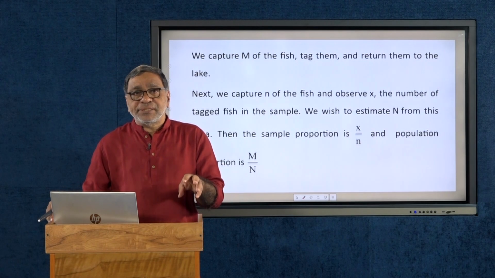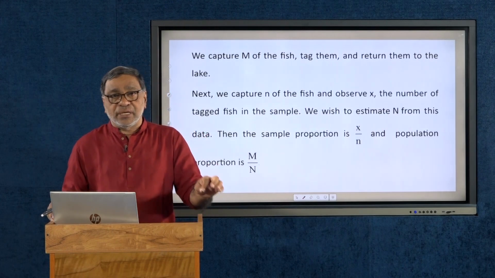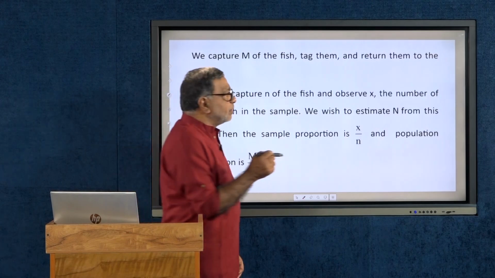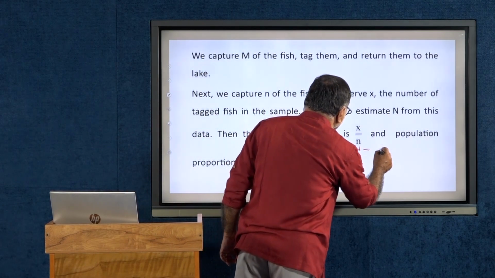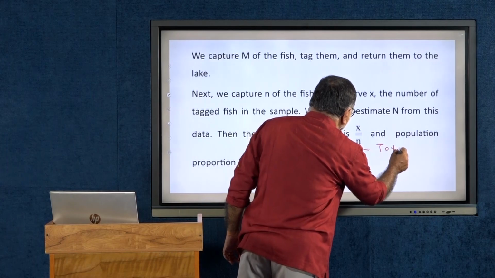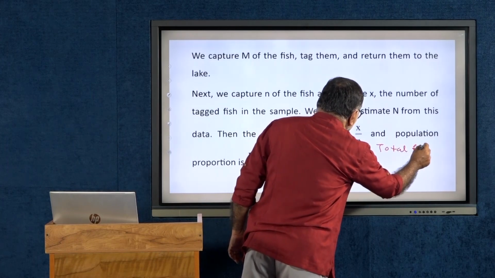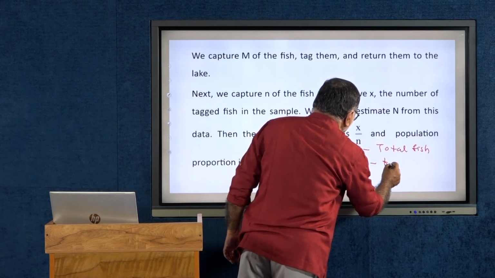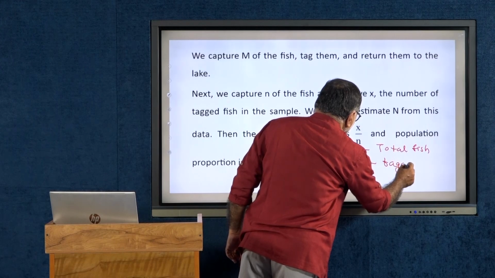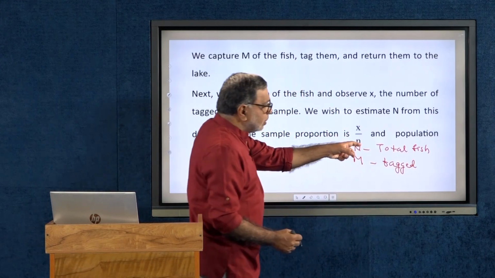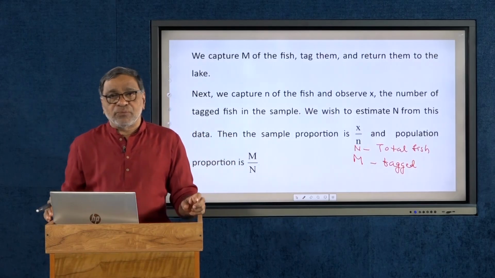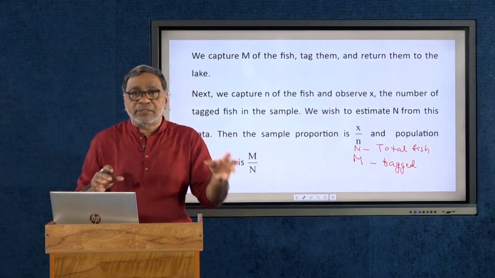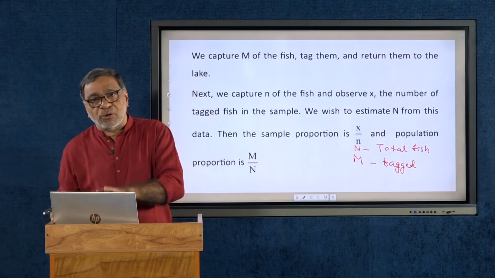N is the total number of fish in the lake, and M is the tagged number. The total number of fish now falls into two categories: either tagged or non-tagged.